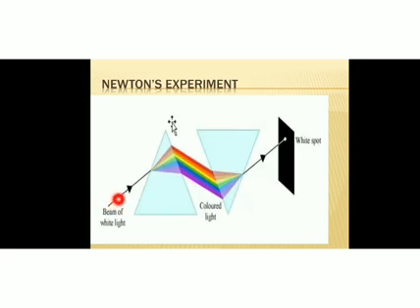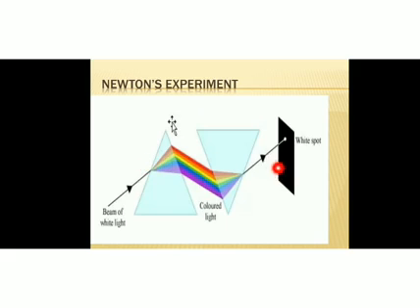A beam of white light is allowed to pass through a first glass prism, and on passing through the prism, white light splits into 7 colors, and all those 7 colors were allowed to pass through the second glass prism, which is kept in an inverted position with respect to the first glass prism.